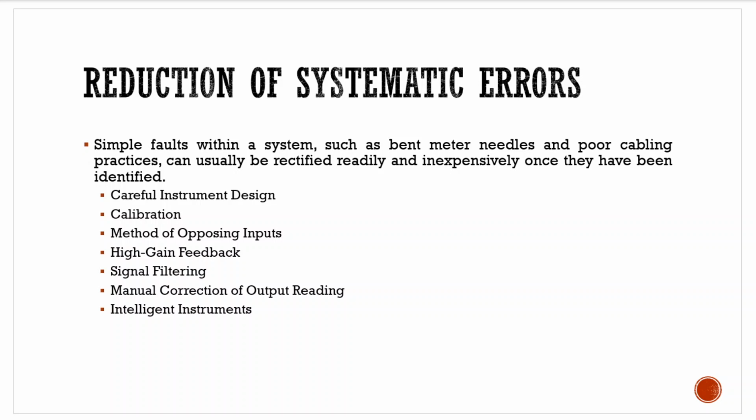These things can be easily rectified, and they are not also expensive in nature, so we can remove these faults easily. As far as other types of systematic errors will be concerned, we can reduce them by properly designing the system in any of these fashions.